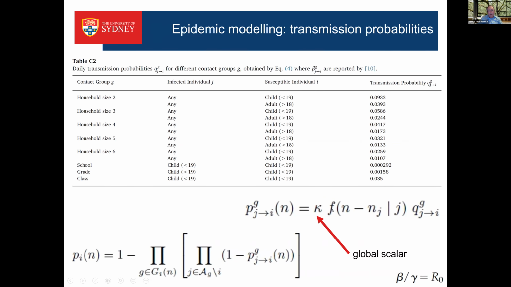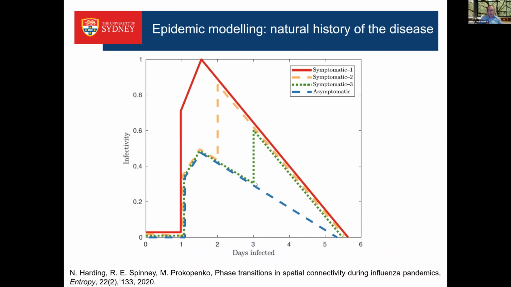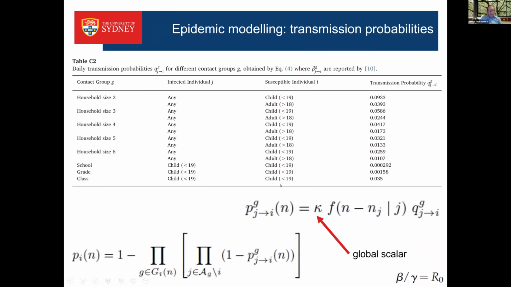So this function is giving you at any given day a number taken from this natural history of the disease profile. Given this number, you pick up from the table like this above a specific probability rate given the context G.